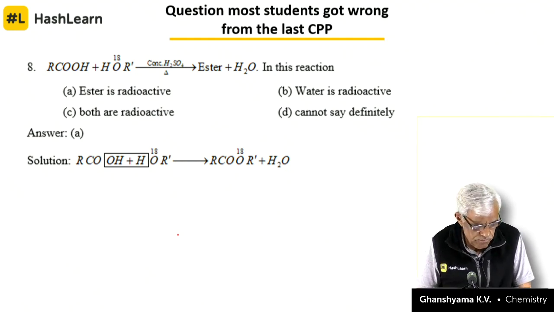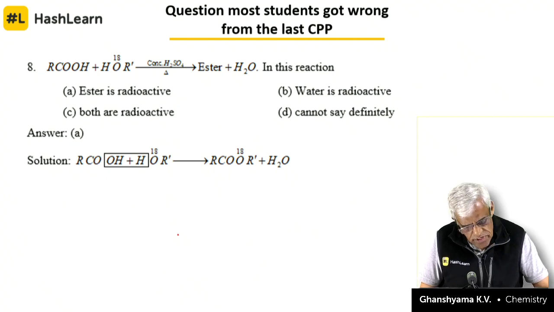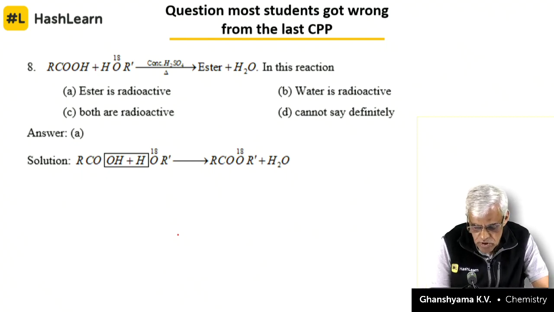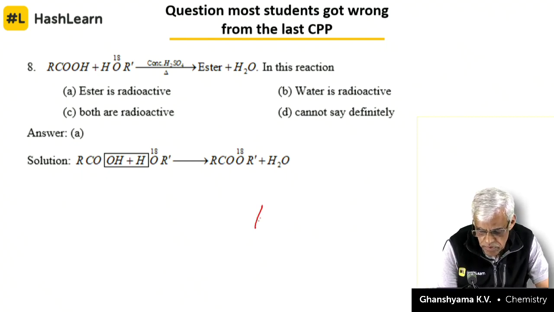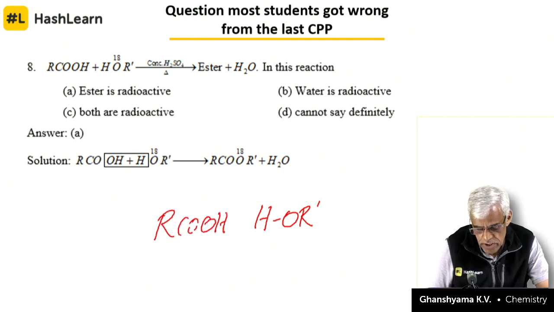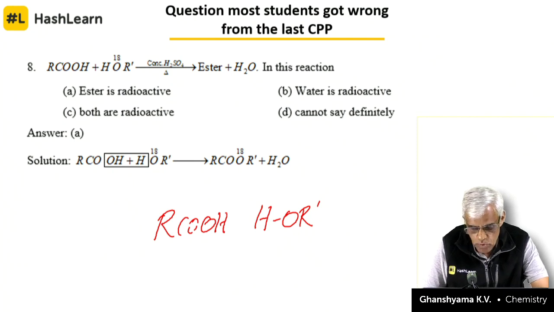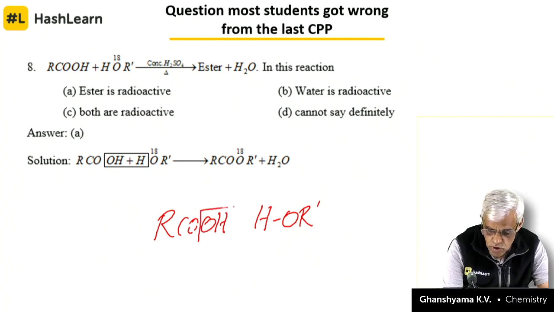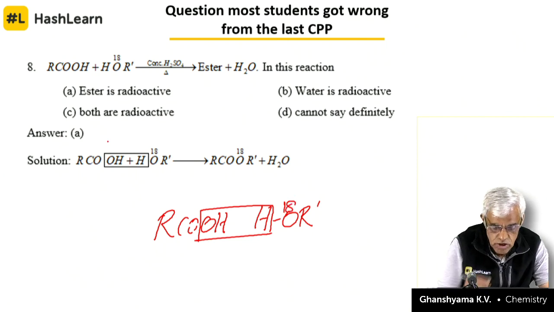So, remember, this is the reaction in which the bond between H and O of alcohol is broken. So, it will be RCOOH plus R dash OH. So, H2O will be removed like this, which has been already written here.